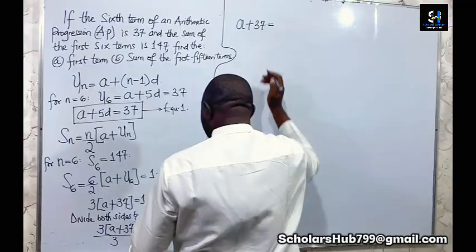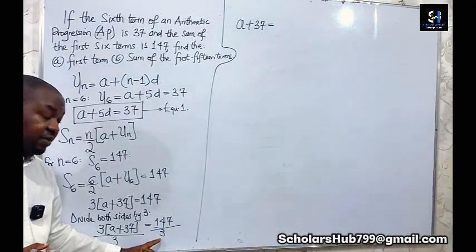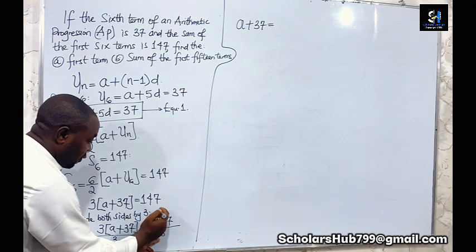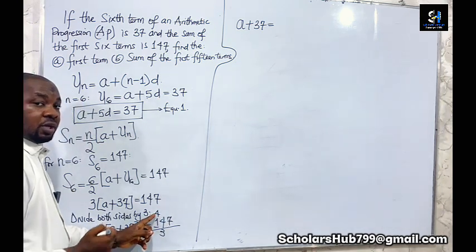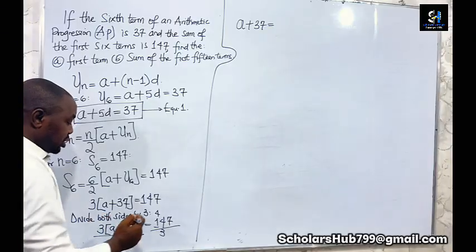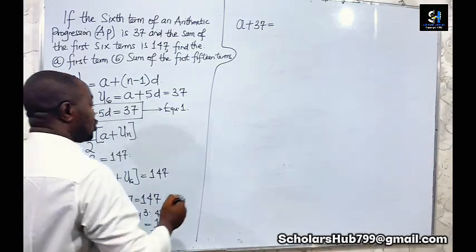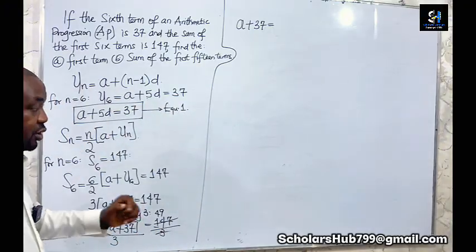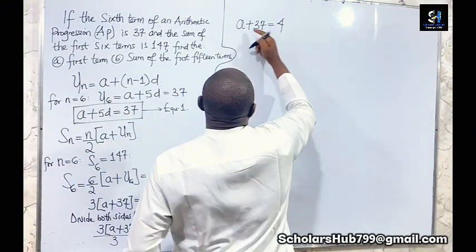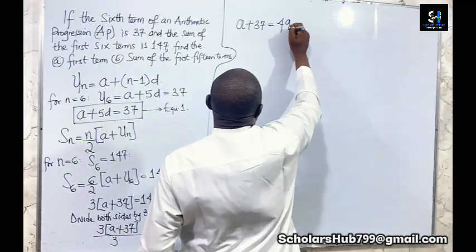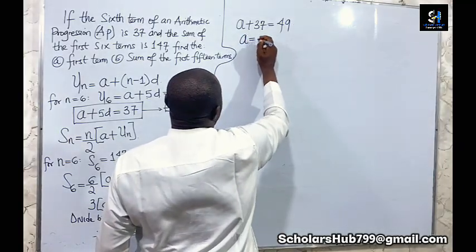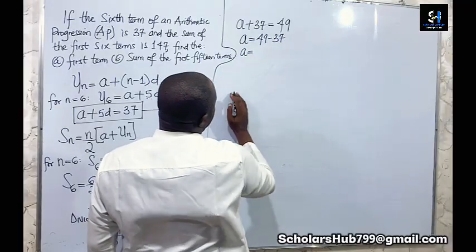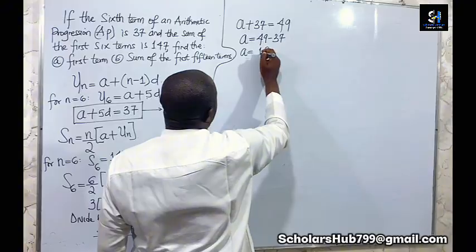Now 147 divided by 3: 14 divided by 3 is 4, because 3 times 4 is 12, then a remainder of 2, then 27 gives 9. So 147 divided by 3 is 49. So a plus 37 equals 49, so a equals 49 minus 37, then a equals 12.